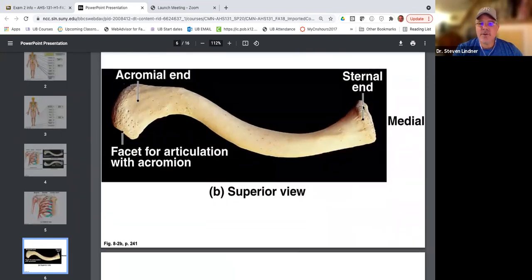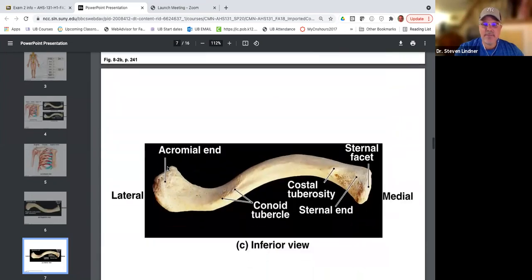Again, this is the sternal end, and if you look at the medial end, it does look different than the acromial end. The acromial end is wider and has more of a flattened appearance. There is a flattened smooth surface here called a facet, and that facet is for the articulation with the acromion process to make the AC joint.